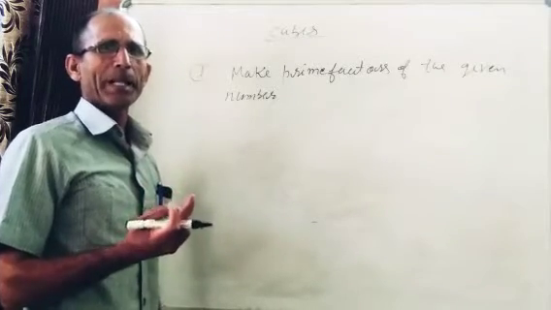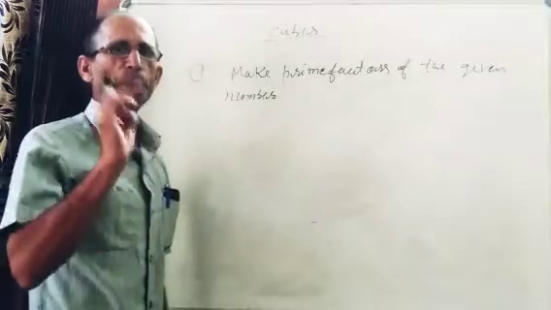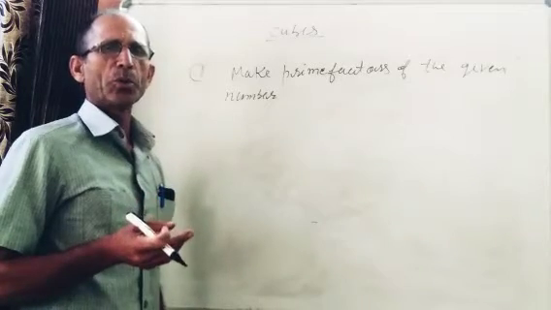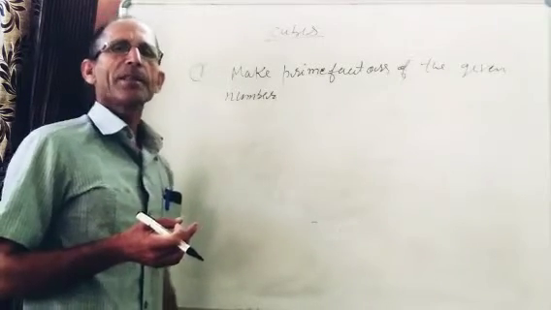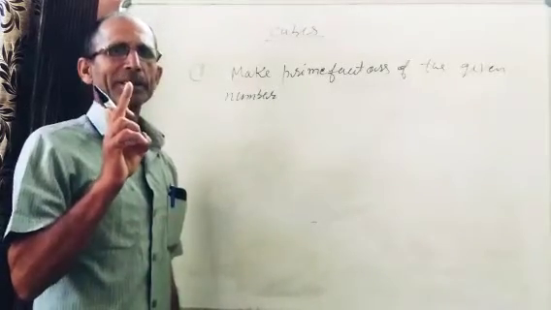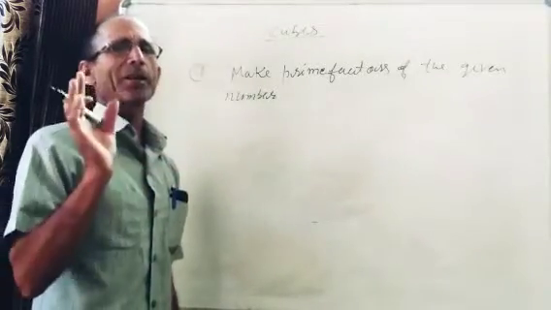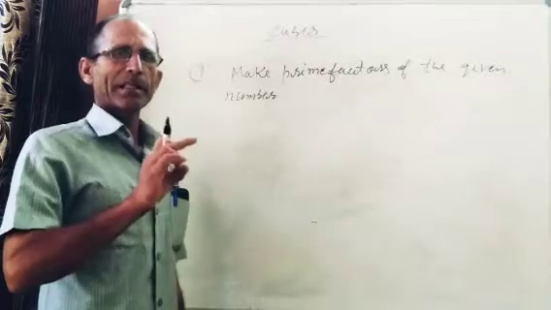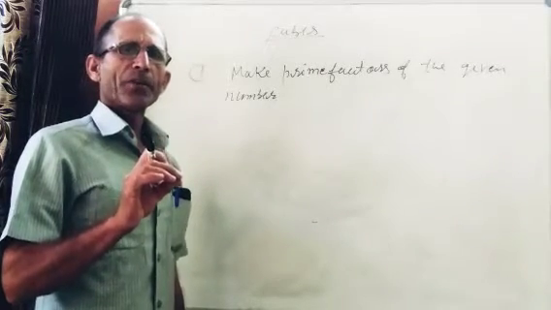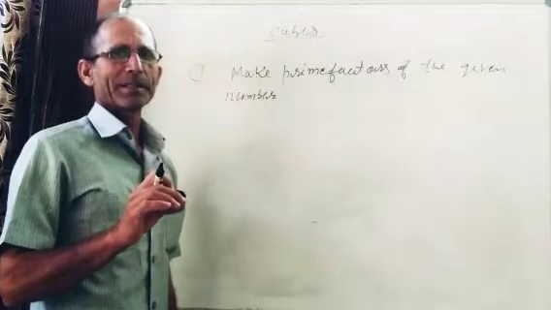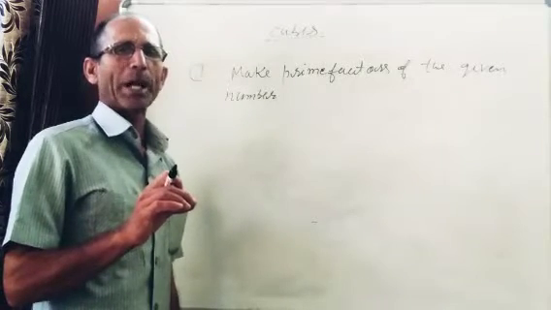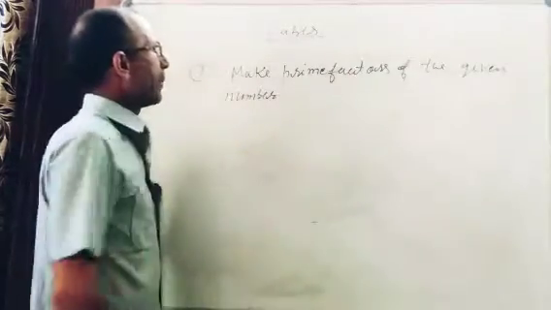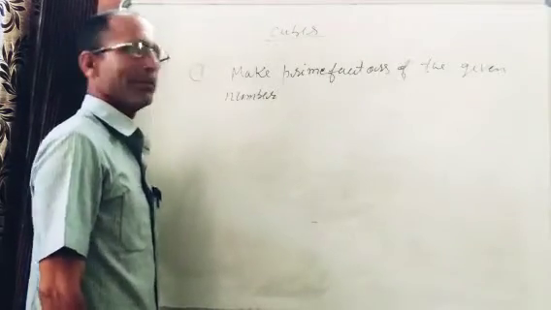Or in other words, if any number has only 2 factors, it means the number is divisible by only 2 numbers, it is called a prime number. 2, 3, 5, 7 are examples of prime numbers. 2 is the only even prime number, the rest are odd prime numbers. So first of all, make prime factors of the given number.